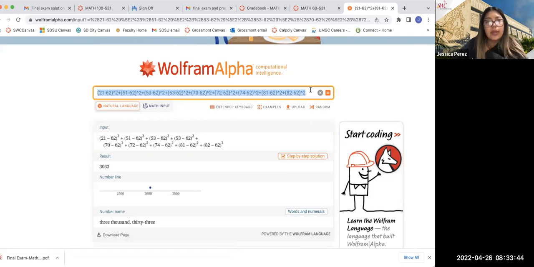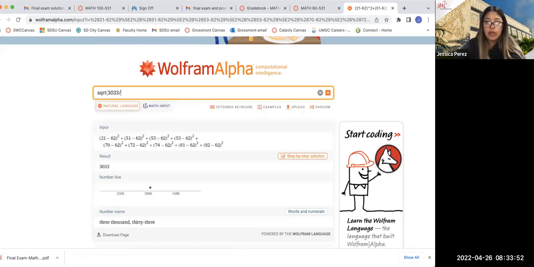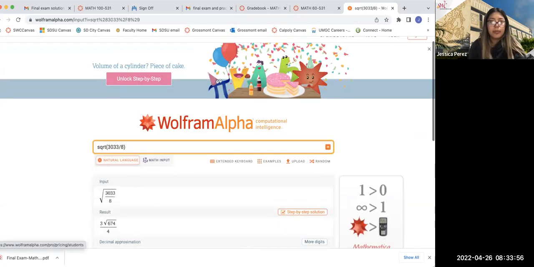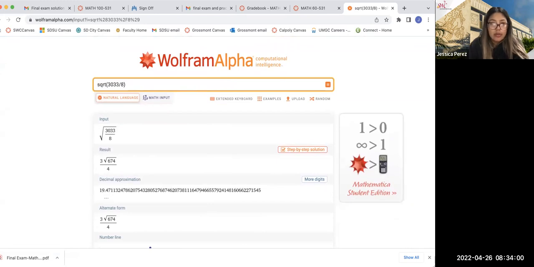So we're going to calculate the square root of 3033 divided by 8. And I should get, as a decimal, 19.4711. You round to the nearest hundredth, so this looks like 19.47.